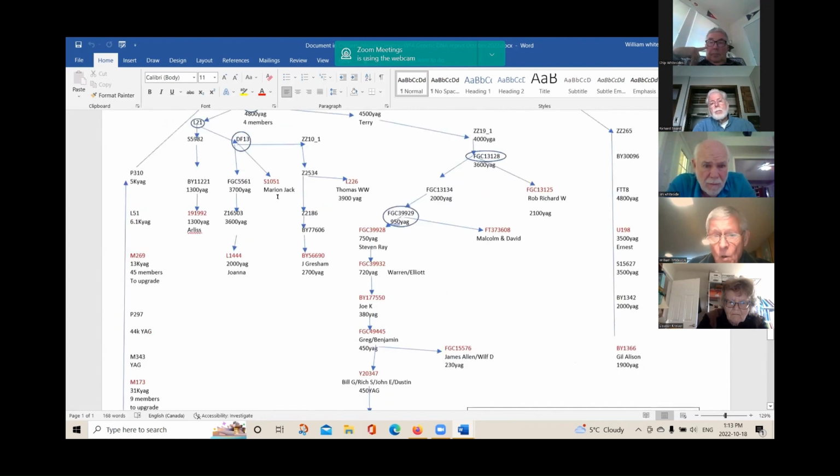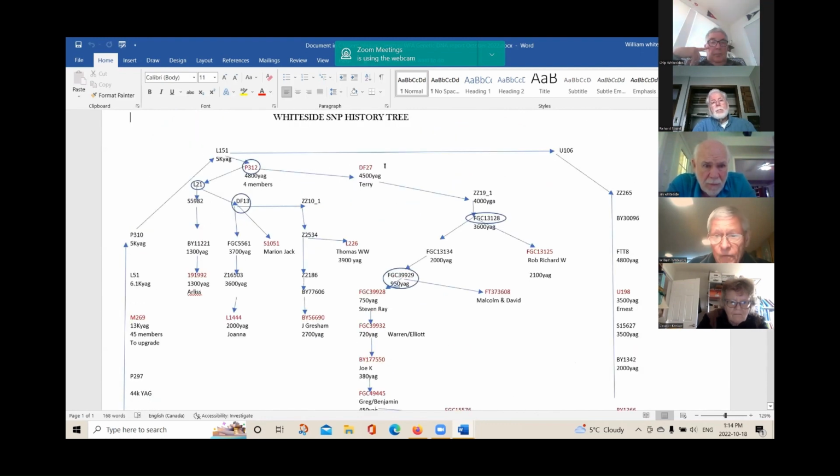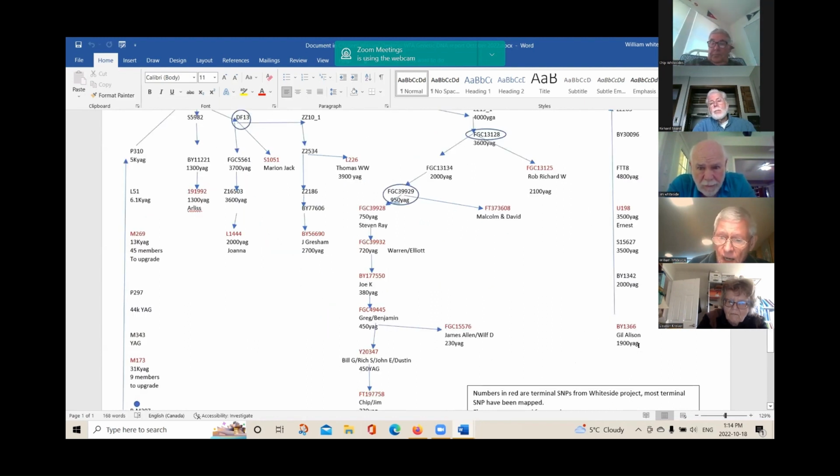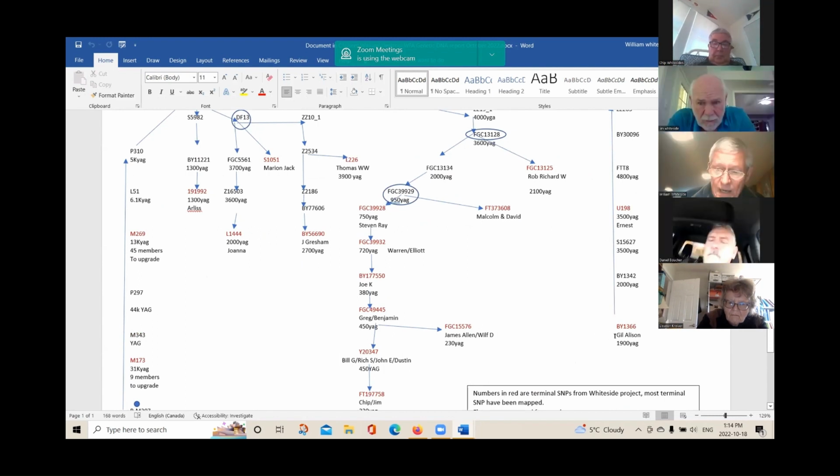And just the last point is from this L151, you come over to 106. These are all familiar numbers, and come down to Gil Allison. And I'm sorry that Leanne isn't with us, because for some reason, Gil Allison is related to Wilf over here. They're in the same family, and I've got to ask her how that comes together.